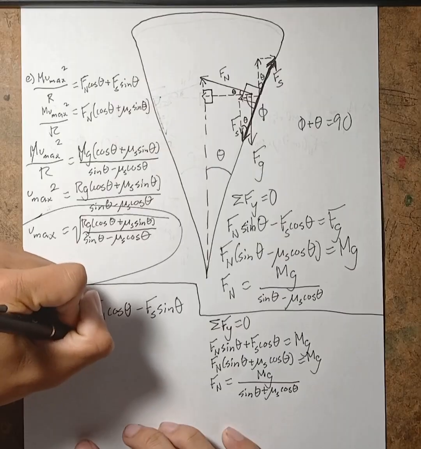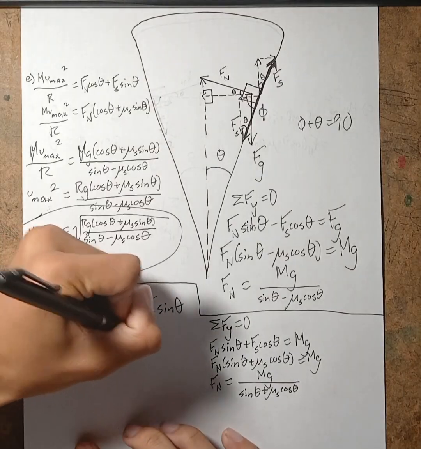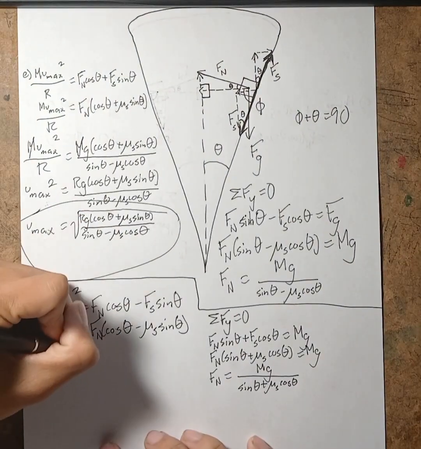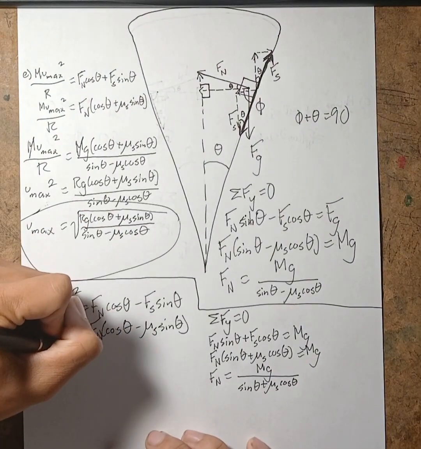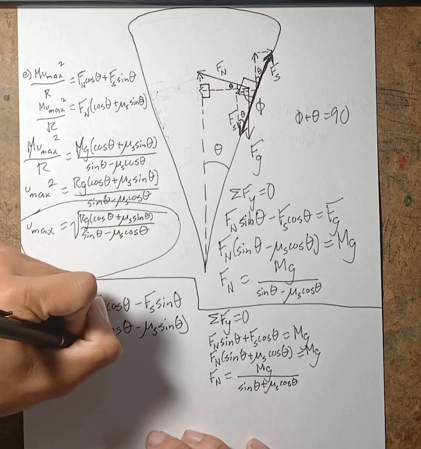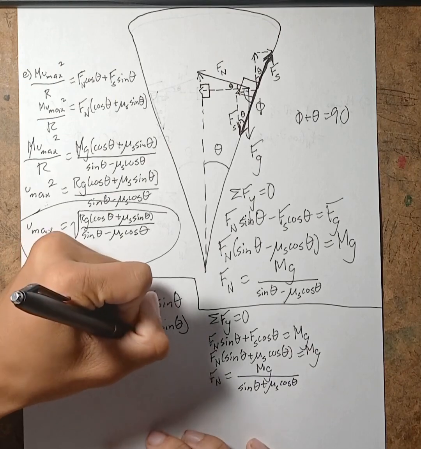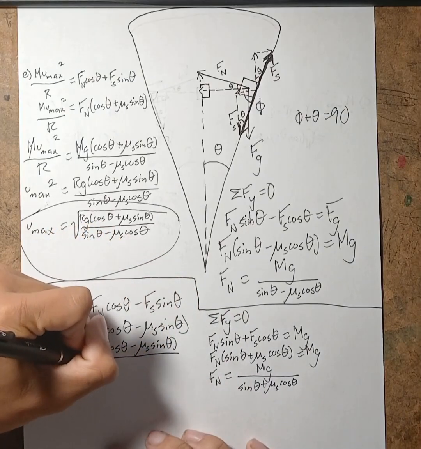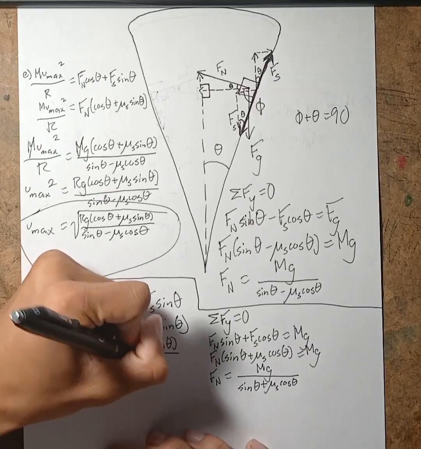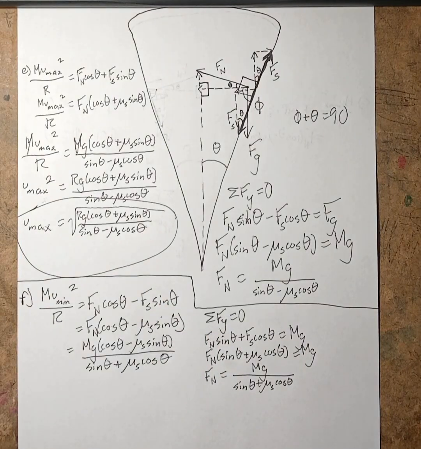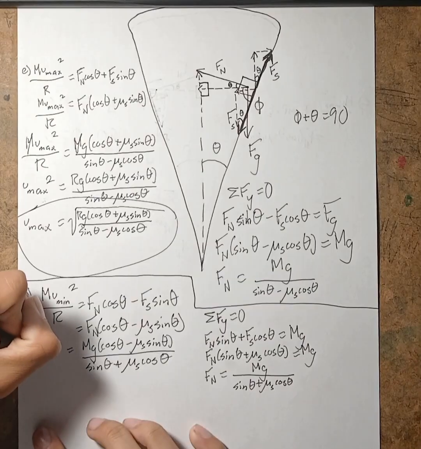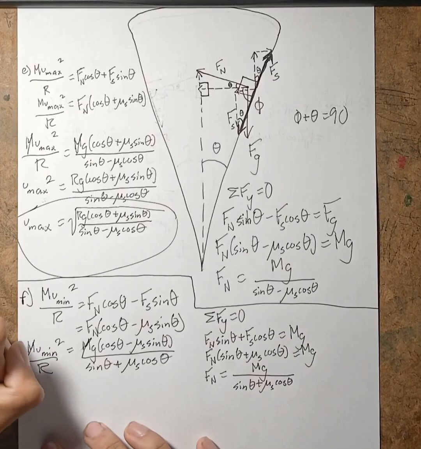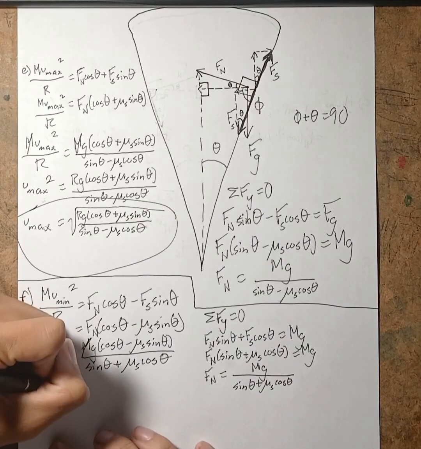Factor out Fn over here as well. Make the substitution. M's cancel. Multiply both sides by r.